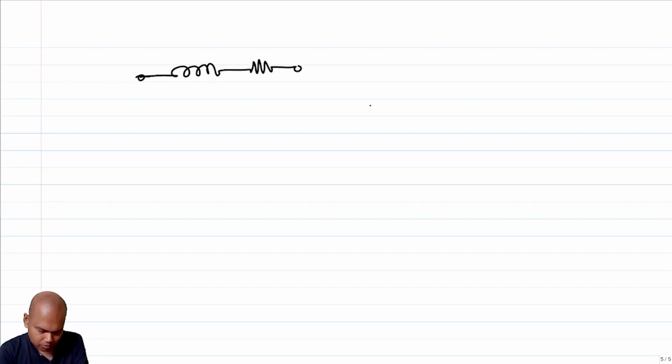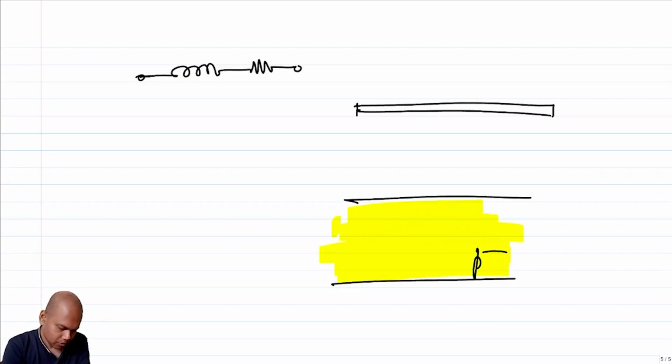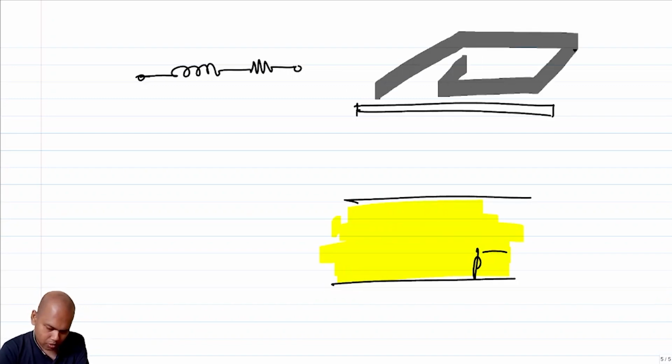Next is what? Let's say this is a substrate, and this is where I am drawing, this is where my inductor resides, right? So let's say that I have an inductor here. Now as it turns out, this substrate is not a perfect insulator, right? It has conductors associated with it.